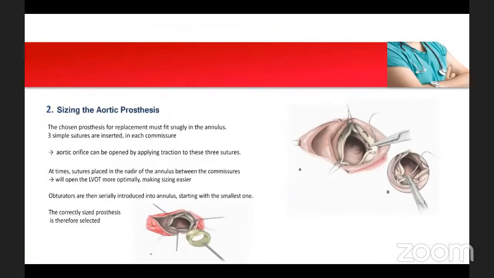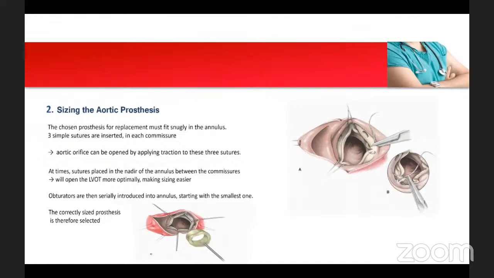Moving to sizing of the aortic prosthesis, the valve chosen must fit properly into the annulus, and 3 simple sutures are usually inserted in each commissure. The aortic orifice can be opened by applying traction on these 3 sutures.